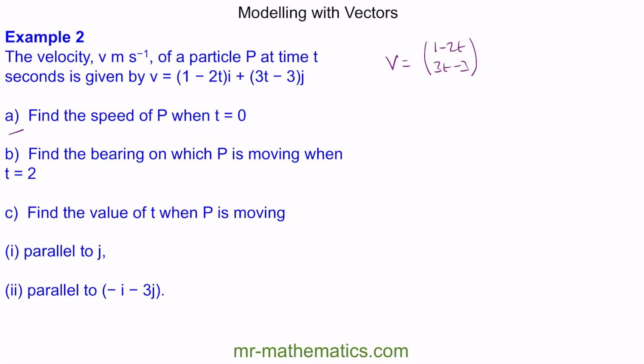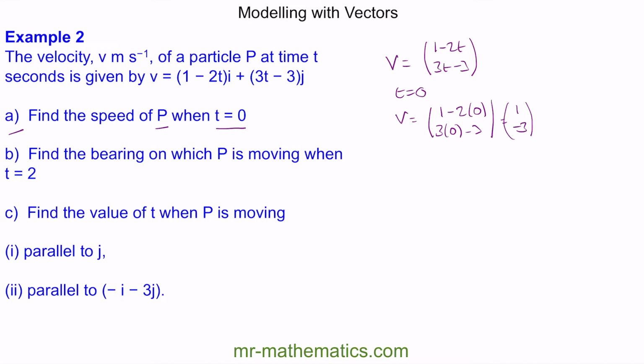And for part A, we're told to find the speed of P when t equals 0. So if we substitute t equals 0 into our vector, we have 1 minus 2 lots of 0, and then 3 lots of 0 minus 3. So we have 1 and minus 3, so 1i minus 3j.